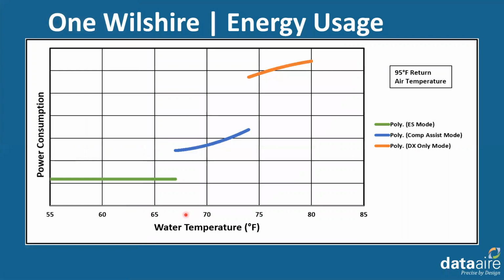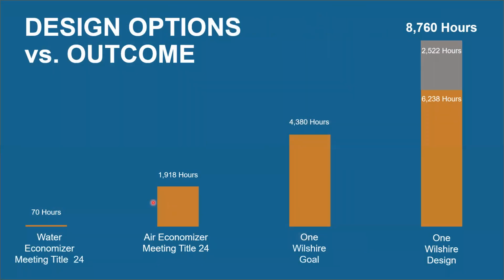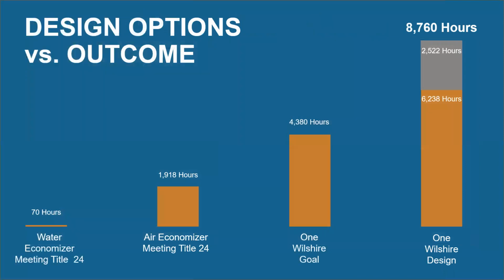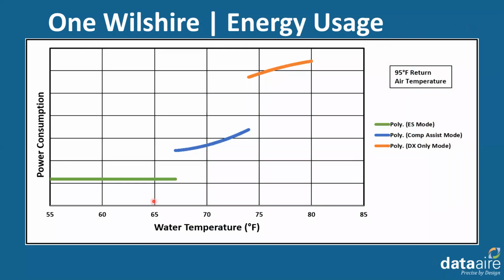Here's a graphical presentation of the power consumption during these three modes of operation. The green line shows that only the fans in the CRAC unit are running. So the water temperature is between 55 and 67, and only the fans in the CRAC unit are running.